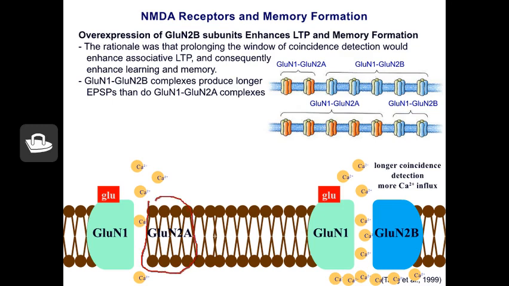Here's your GluN1, GluN2A receptor. VoiceThread keeps doing this to me where it distorts any kind of drawing that I've tried to put in there. So I've caught a few of them, but this one snuck through. This should be another unit in this side here, making the GluN2A component of this NMDA receptor.